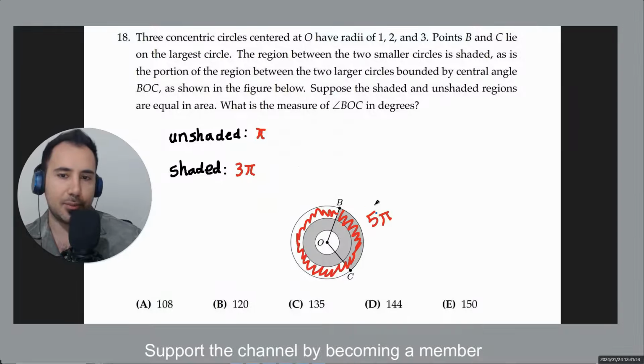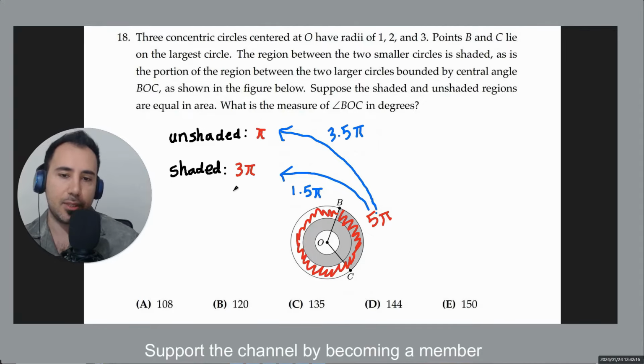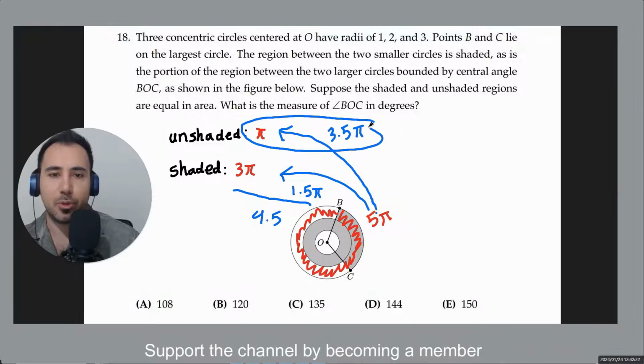Okay, I will have to give this one 3.5 pi. What is 5 pi minus 3.5 pi? It is 1.5 pi. So I give it to this. Now, this one, 3 plus 1.5 is 4.5 pi. This one is again 4.5 pi. So I made them equal.